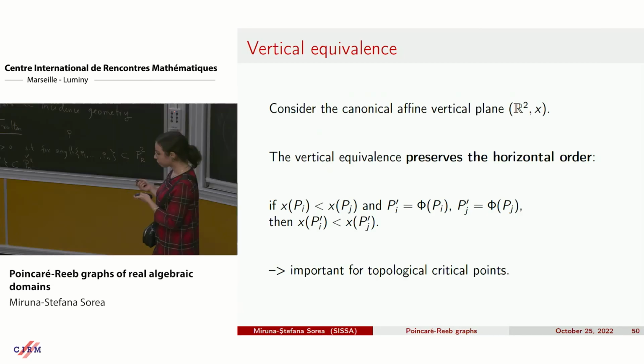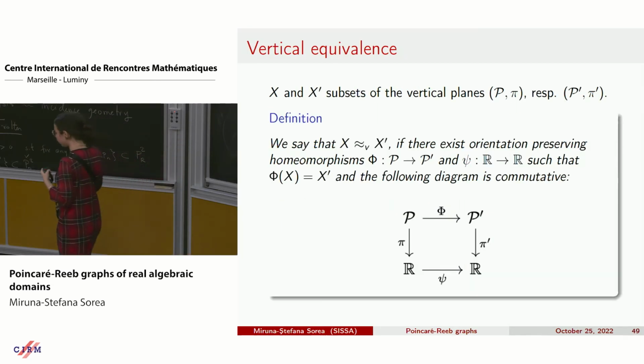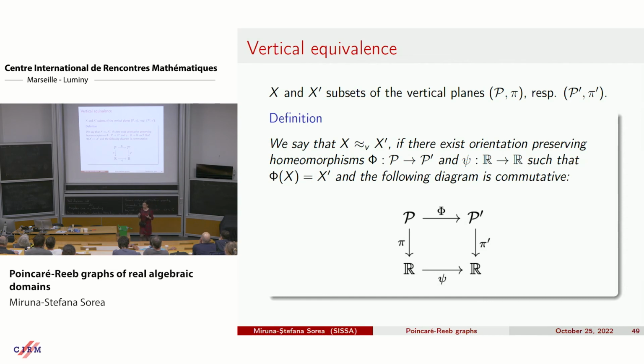And what I want to consider next is to show you that the Poincaré-Reeb graphs turn out to be complete invariants of these domains of finite type with respect to the vertical equivalence. But what is the vertical equivalence?